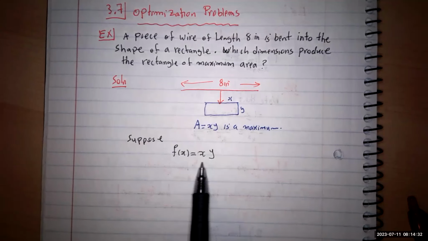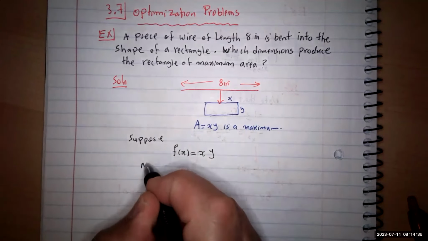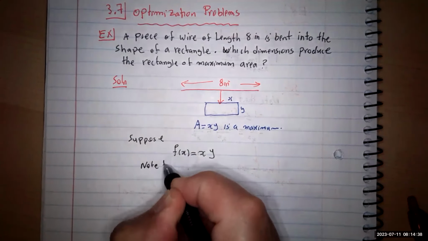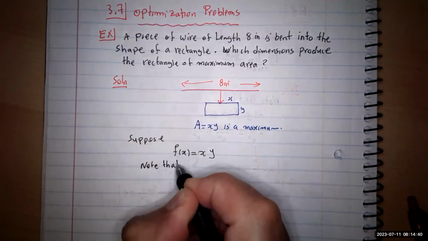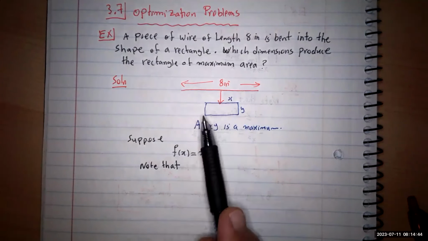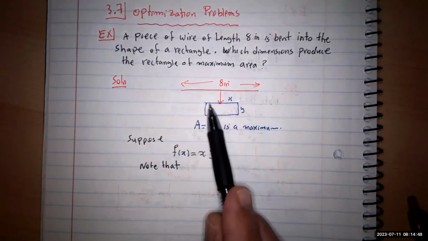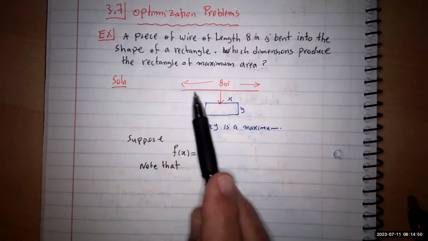So as soon as you write it down, you note that. Now, what relationship can you make between these 3 numbers? You have the x, you have the y, and this 8.